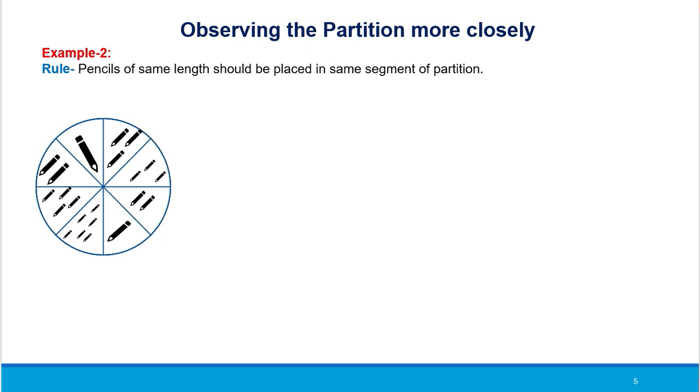So they have some sort of equivalence in the context of our rule that pencils of same length are in the same partition set. Now, a rule which associates elements of a set is called a relation.